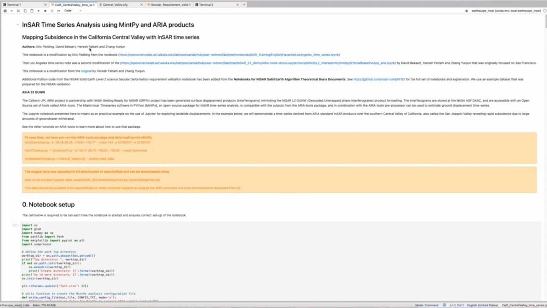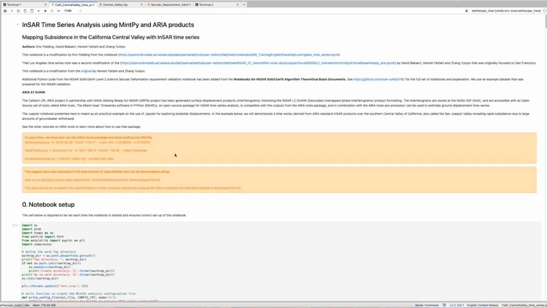I'm going to be using a data set that was pre-processed for the Central Valley of California that was used for the InSAR Solid Earth Team algorithm theoretical basis documents. That notebook is also available at this GitHub site. We're going to be using the ARIA S1 Sentinel-1 geocoded unwrapped interferograms pre-processed under the Griffin project.